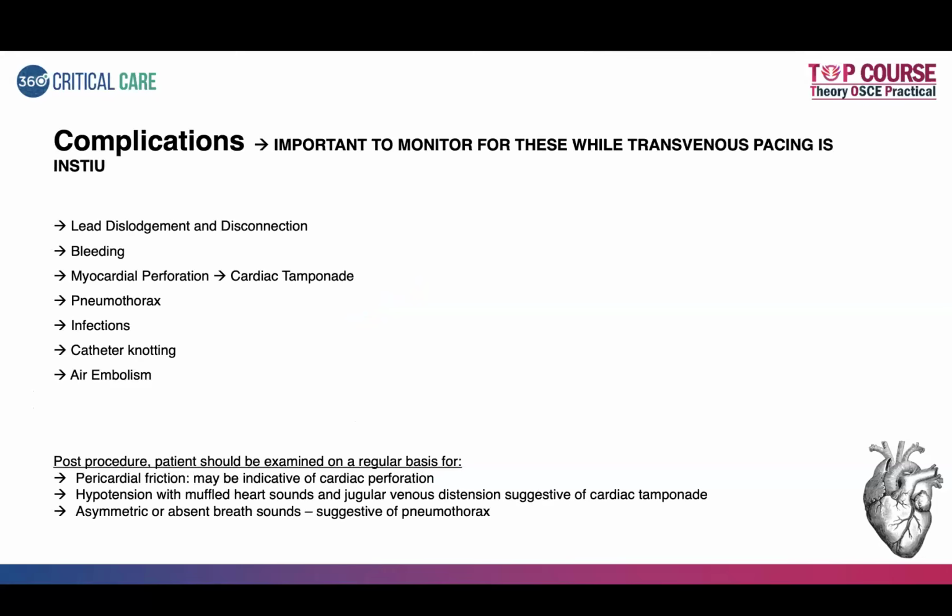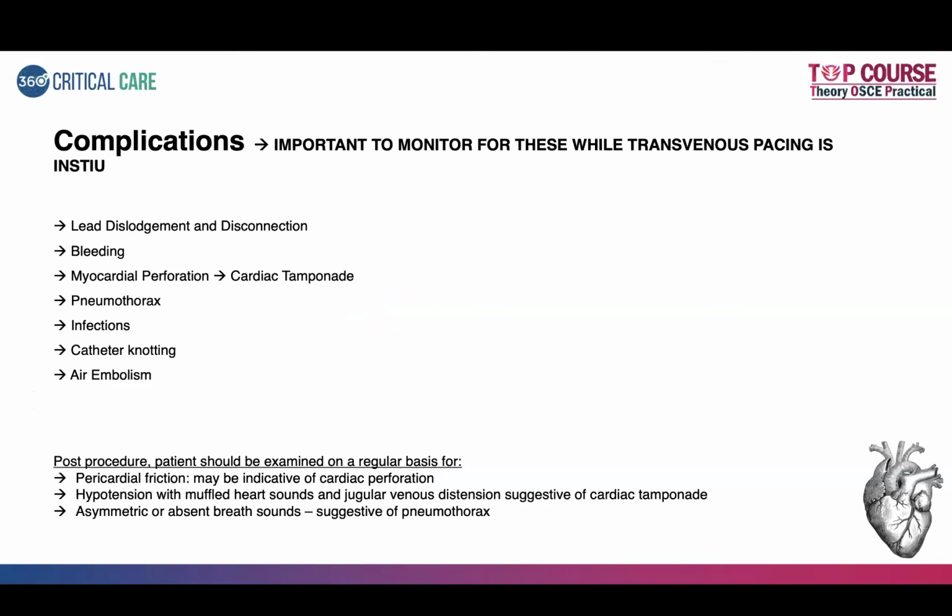Complications: it is important to monitor for these while transvenous pacing is in situ. There's a small spelling error, please note it. The various complications are lead dislodgement and disconnection.